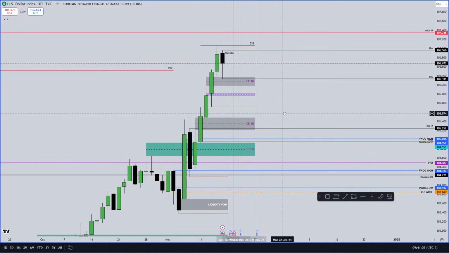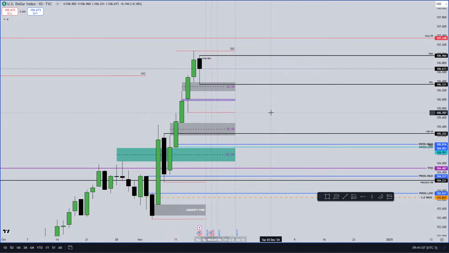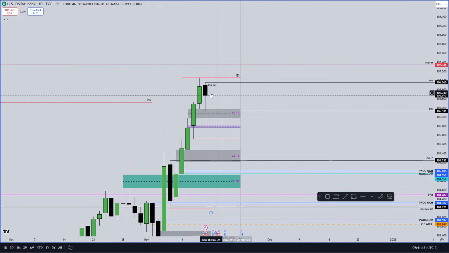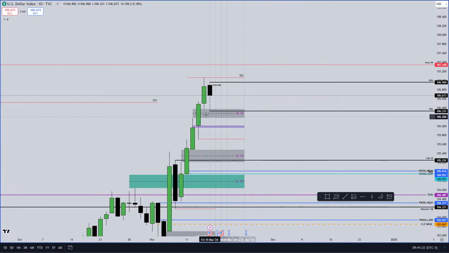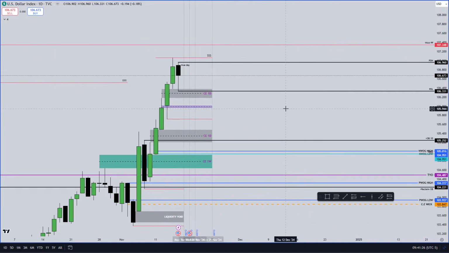That is what I'm expecting. I think it's going to move higher and then head lower. Oh, sorry, by Wednesday or Thursday, we should start seeing lower moves. This is what I'm seeing in the dollar.